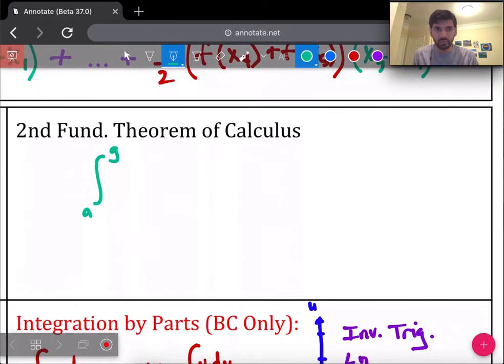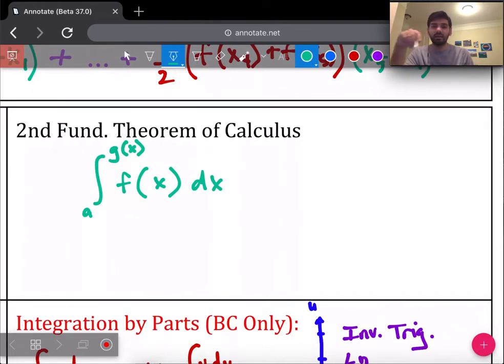I'll leave it as g of x because it could be like x squared as the upper bound, or 2x to the power of 3, something like that. I'll put an example of that though. And then we have our function, some arbitrary f of x dx.